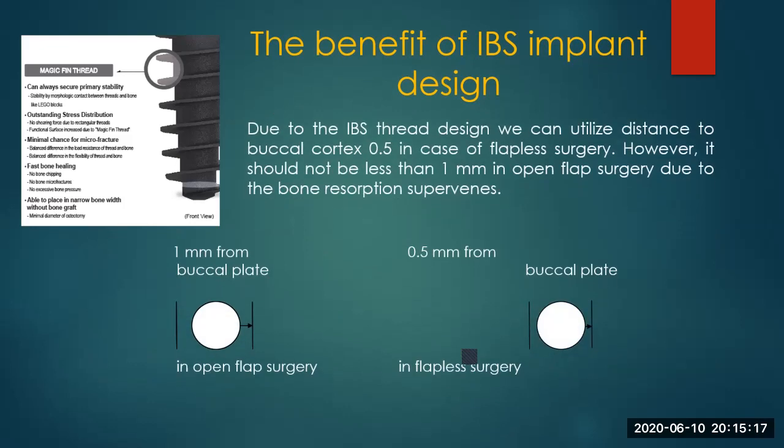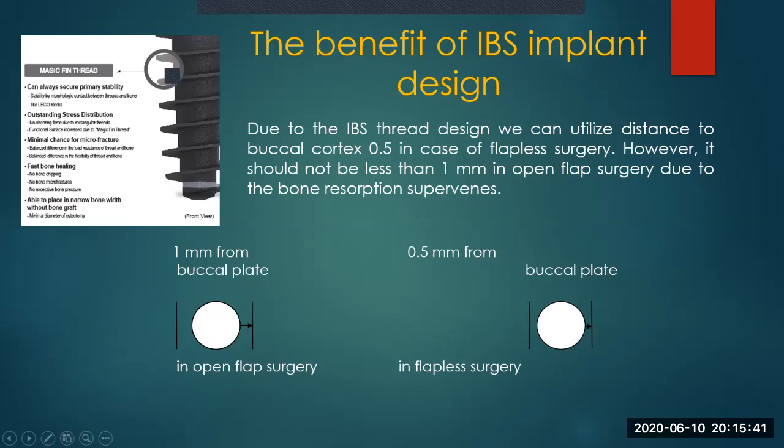There is a very important advantage of the IBS implant design, which is the magic thread design. The magic thread design, due to its depth and also due to the distance between adjacent threads, will allow more bone formation in this region.